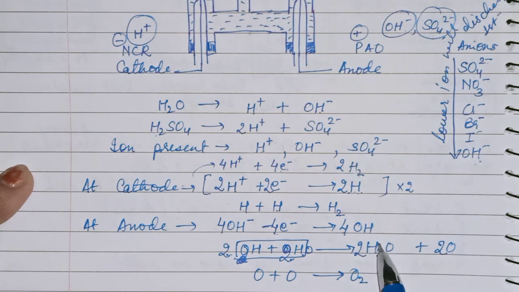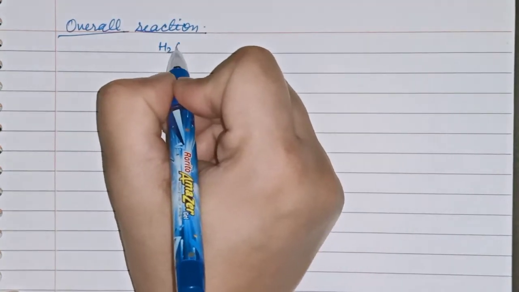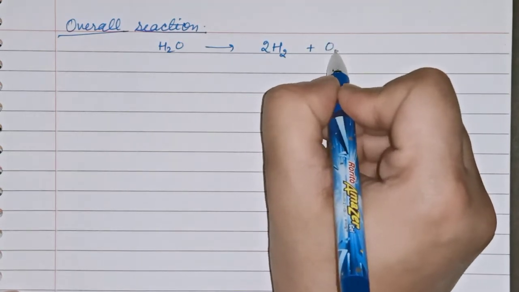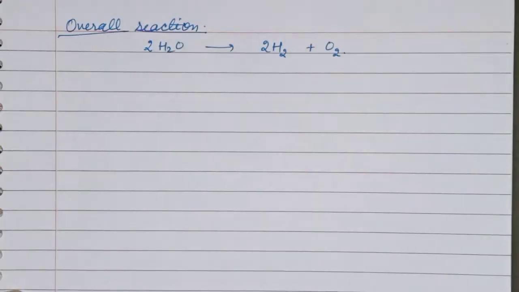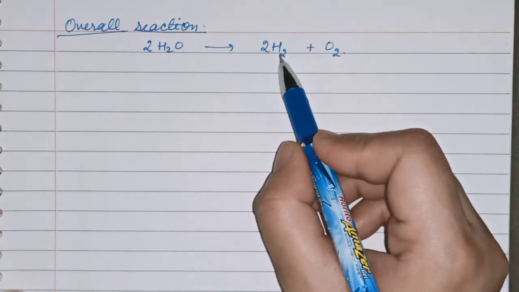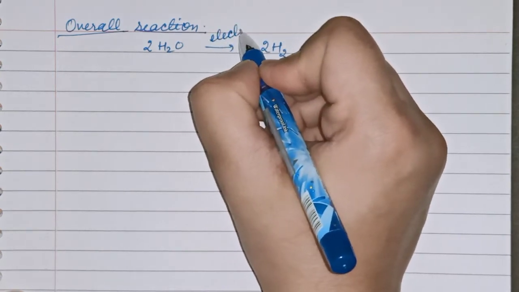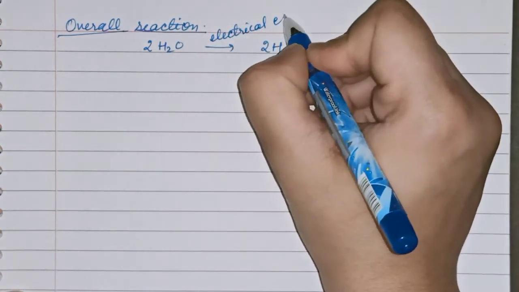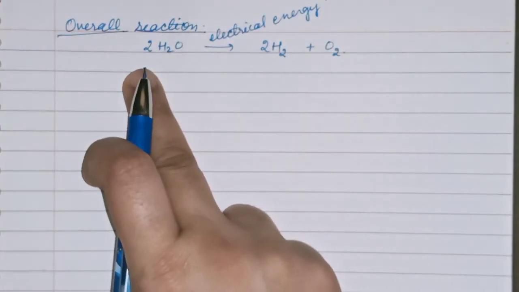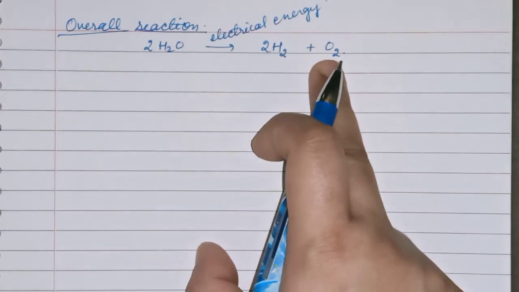Overall reaction you can write simply: 2H2O breaks down into 2H2 plus O2 when electrical energy is passed.